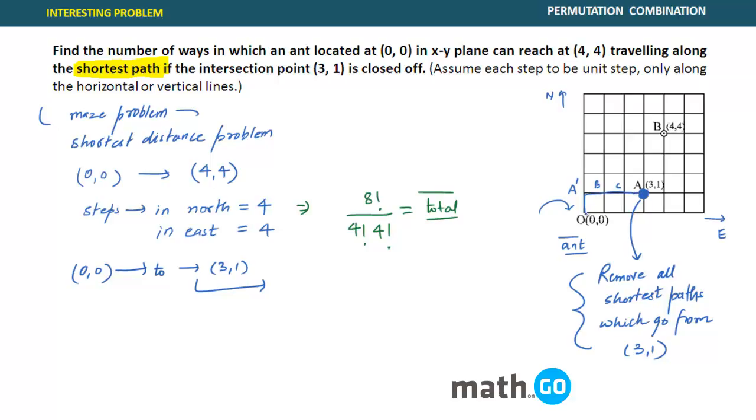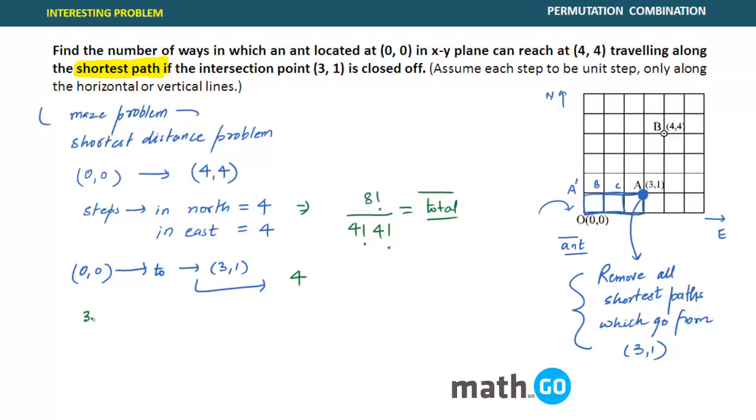The other way would be go here and then go here and then go here, 2nd. Third would be go here, then go here and then go here, 3rd. 4th would be go here and then go here. So there are 4 paths to reach here, right?